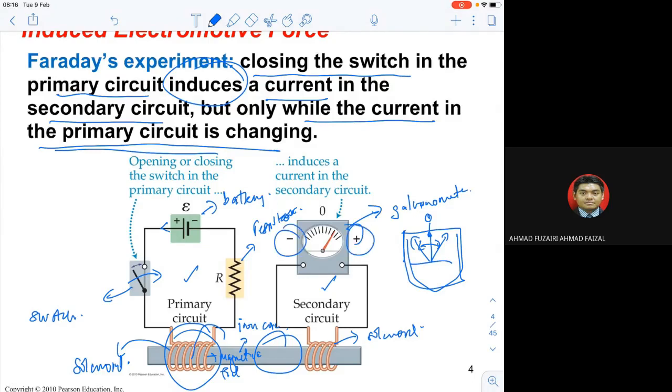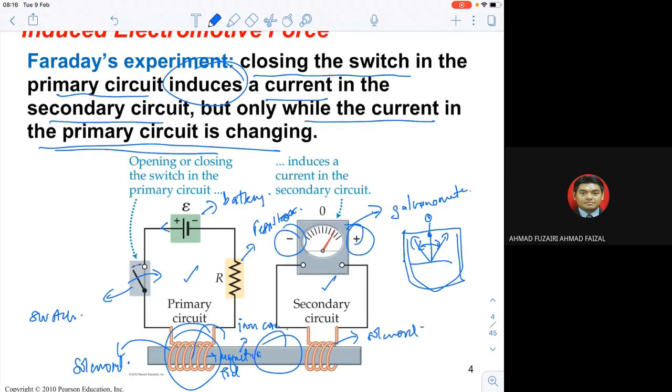So what Faraday's experiment is telling you is that when we have a power supply in the primary circuit, we can transfer the current through a magnetic field in the iron core, and it generates the induced current. That's why they use the word induce, because induce, as we learned in the previous chapter, is not touching.